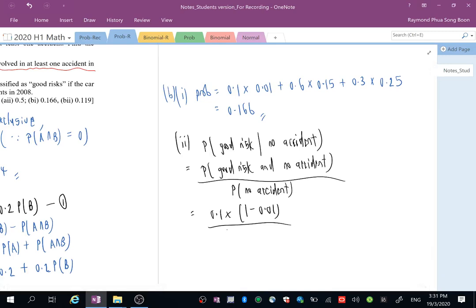Probability of no accident will be 1 minus the probability that a car owner is involved in at least one car accident for that year, which is actually 0.166, the answer from part B part 1. Okay, so press your GC or calculator and you can get the answer.